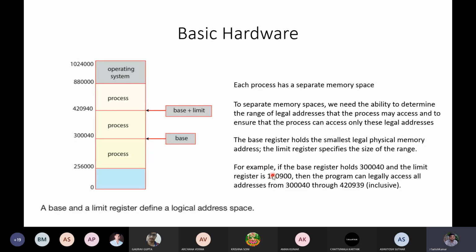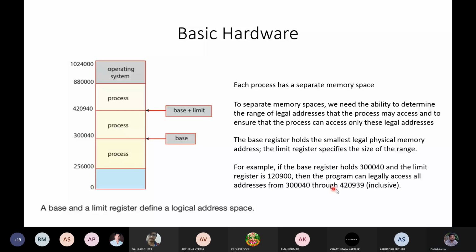Base plus limit gives us the range, which tells us from which memory location to which memory location the process is allocated.